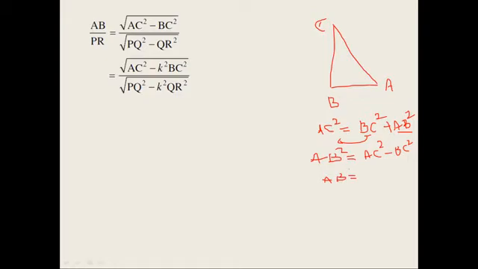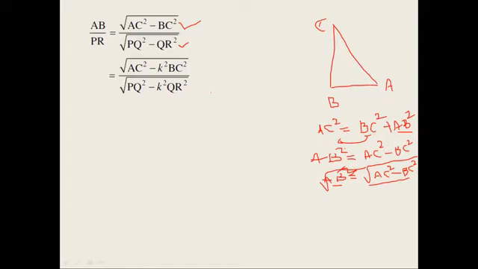When we take square root on both sides, the square root gets cancelled. So AB is equal to under root AC square minus BC square. Like that we are getting here. Same as PR is equal to under root PQ square minus QR square.